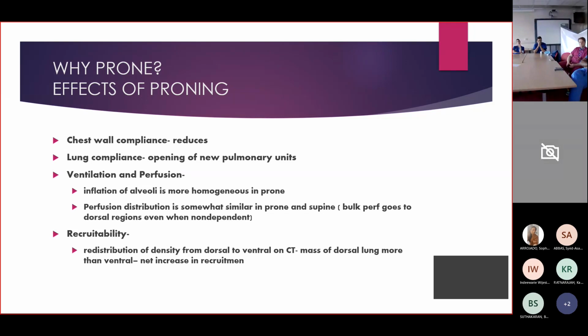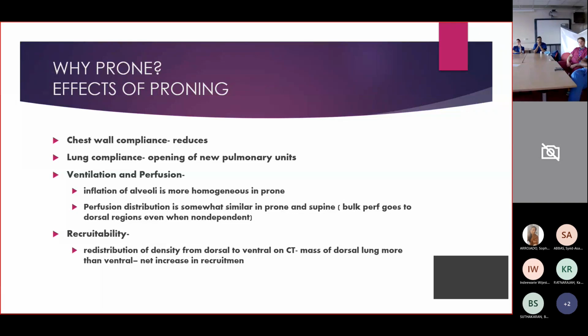So what happens to the lung compliance? The lung compliance is determined by how much of the lung is getting ventilated, or open to ventilation, or able to move with ventilation. Here, whatever change in lung compliance happens in the prone position happens primarily due to the opening up of new pulmonary units.